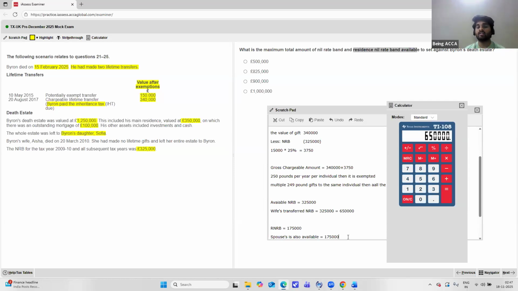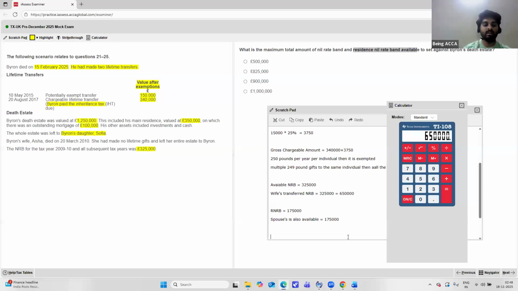But as we have discussed, the residence nil rate band is always limited to the lower of the value of the main residence or the residence nil rate band available. It is always lower. RNRB available is the lower of the value of the main residence or the total RNRB available.